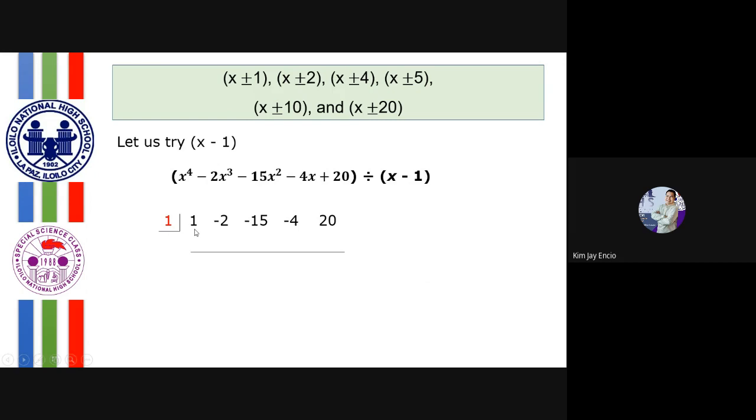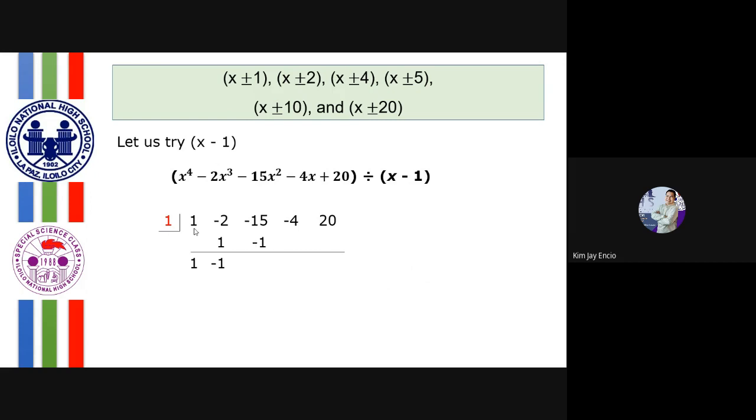Next, let's perform our synthetic division. Bring down 1, then multiply 1 times 1. We have 1. You add them. Their sum is negative 1. 1 times negative 1 will be negative 1.